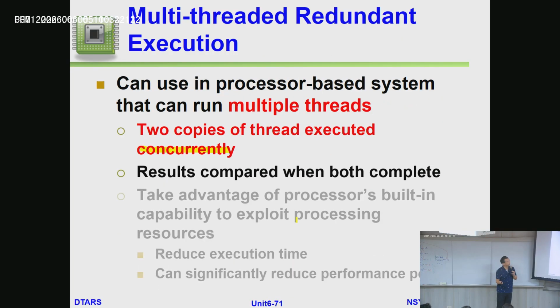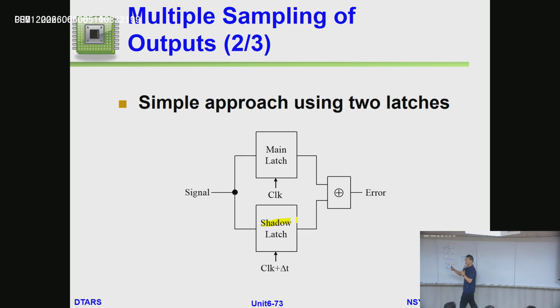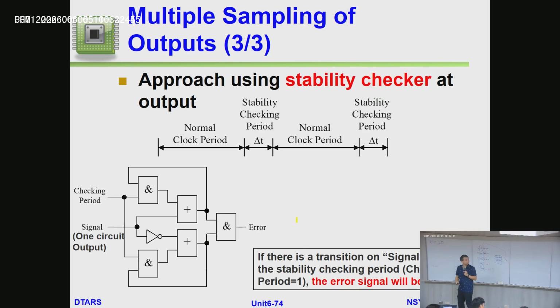If we have this circuit implementation in your design, then you can know if there are any errors in your operations. If we find any errors, then this error signal can be an enable signal to trigger your system to do rollback. This is the multiple sampling method. So if in the future you need a circuitry to do multiple sampling, maybe you can go back to this slide to use this scheme. Okay, so this is one example.